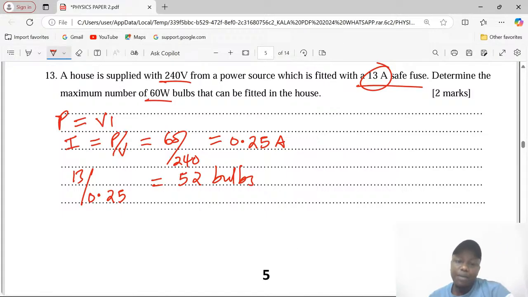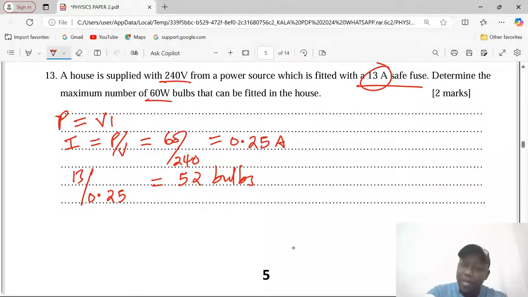So 52 bulbs will require exactly 13 amperes. But the current demand must be slightly below the fuse rating, not equal to it and not above it.